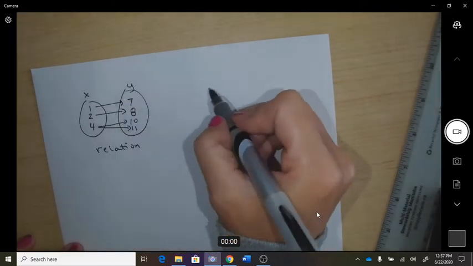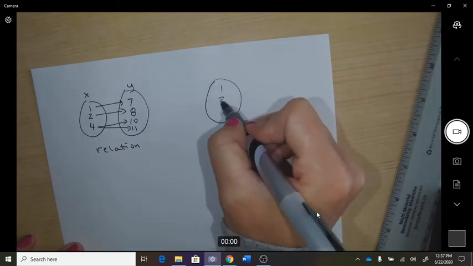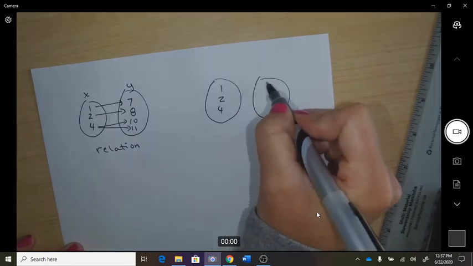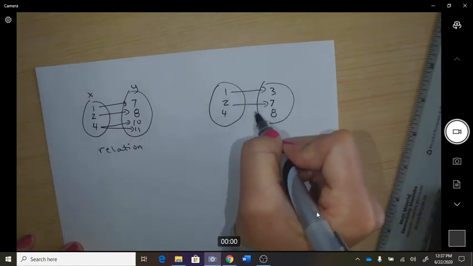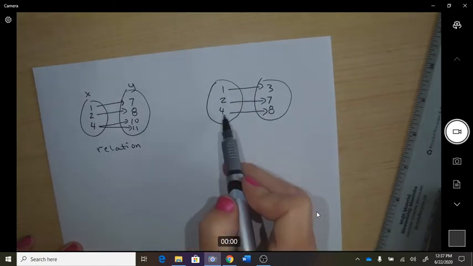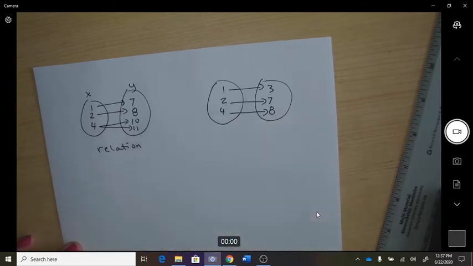So a function example could be like this, where these x's only have one arrow out.